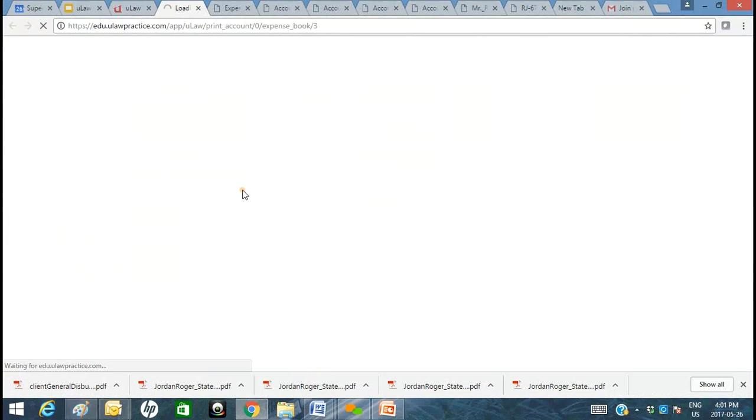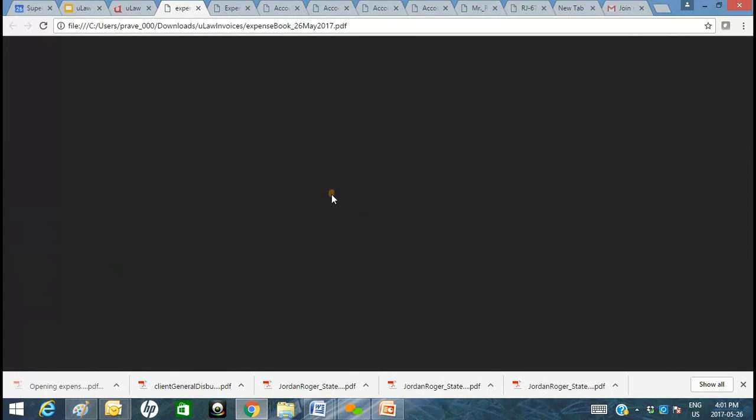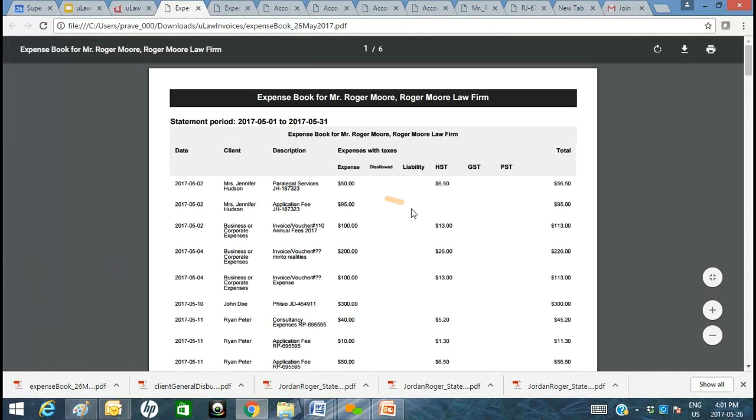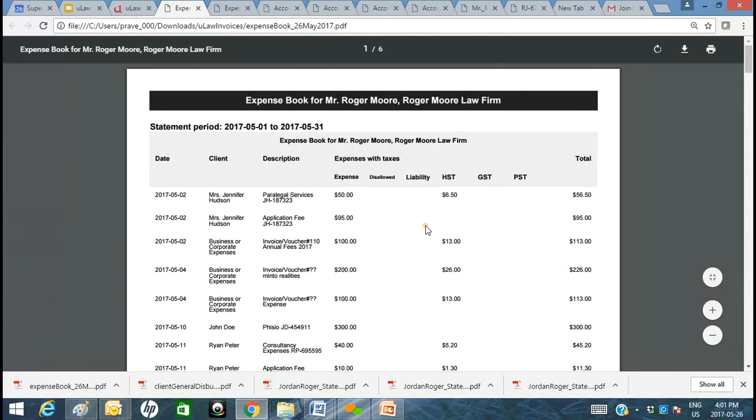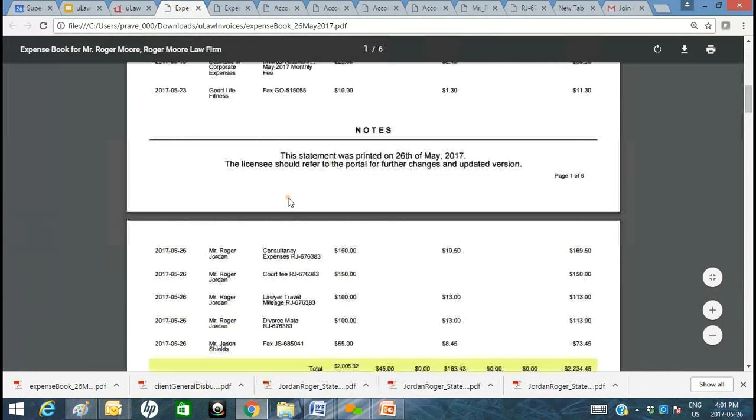So the expense book captures the business aspect of the expenses. Okay, this obviously captures by date, by client, the different expenses that you incurred. Roger Jordan, right? Same example. And yes, it does split by HST.